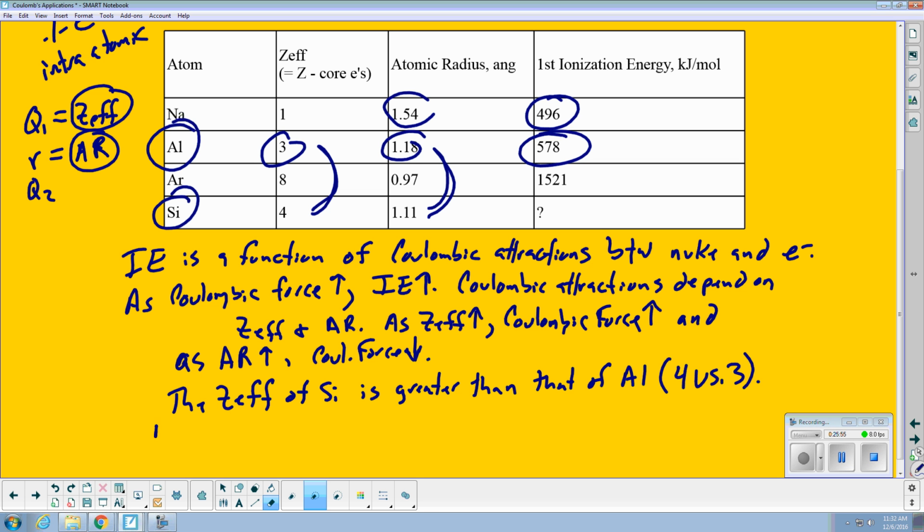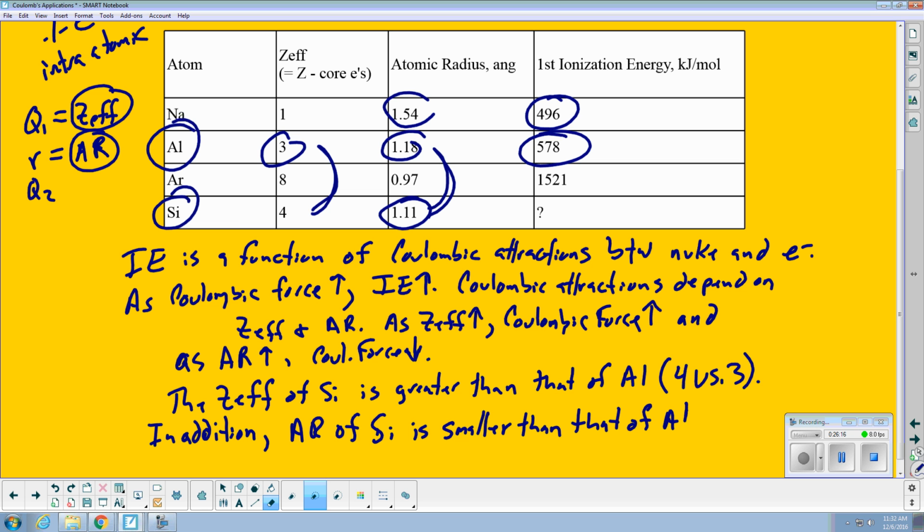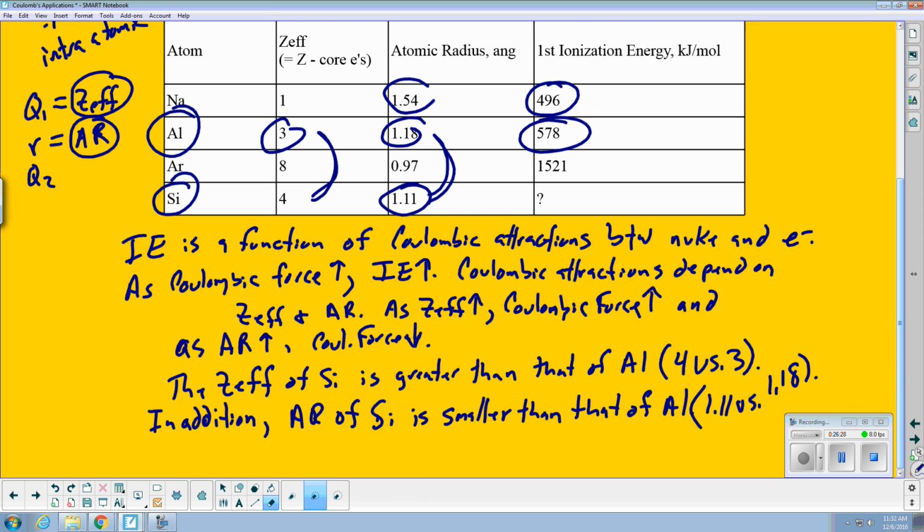In addition, my atomic radius of silicon is smaller than that of aluminum, right? We're looking at 1.11 versus 1.18, right? Good. Both of those have the same impact, right?